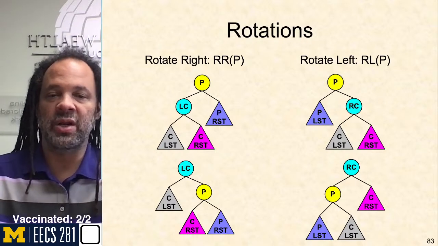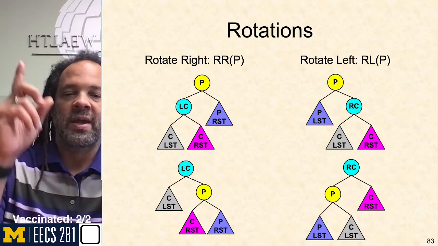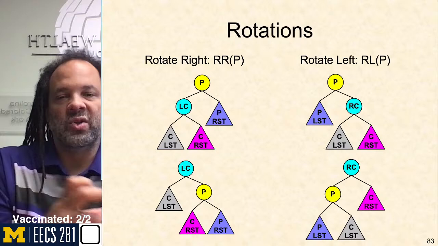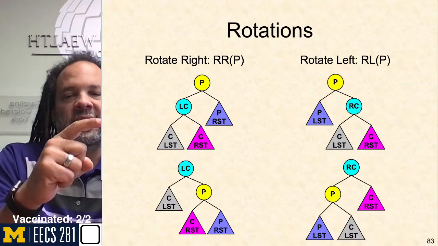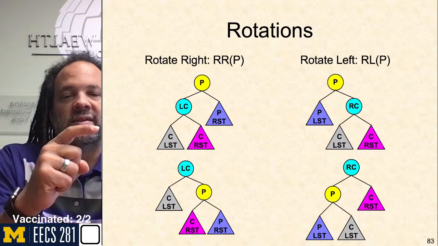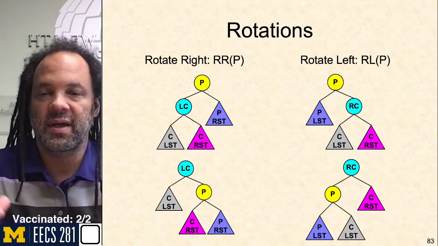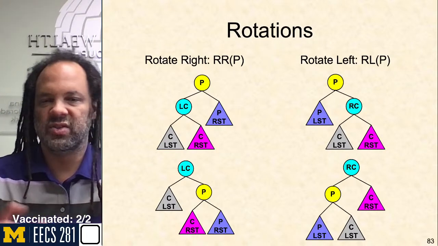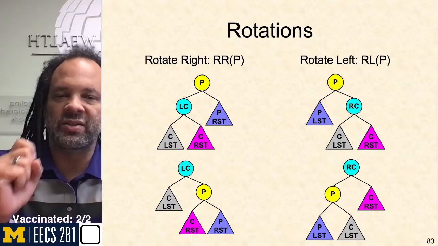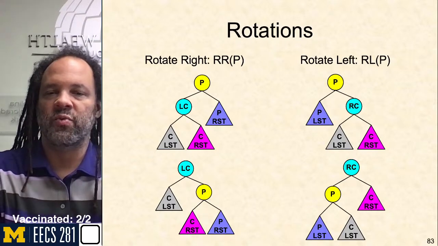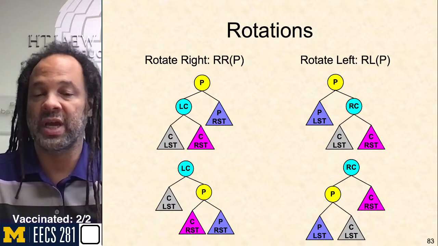After the rotation, we see that the left child has gone up and the parent has come down. So where does the magenta tree start at? We see that the magenta tree here starts to the left of the parent. It's to the right of its subchild, but it's to the left of the parent. So as long as that magenta tree doesn't end up to the right of the parent, we're in good shape.